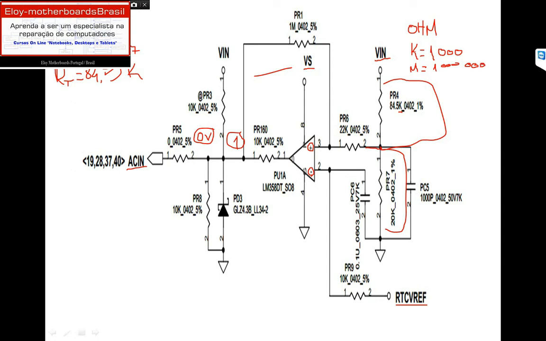Then we have giga, and then tera. So when we see 84.5 here, it is 84.5 thousand ohms.